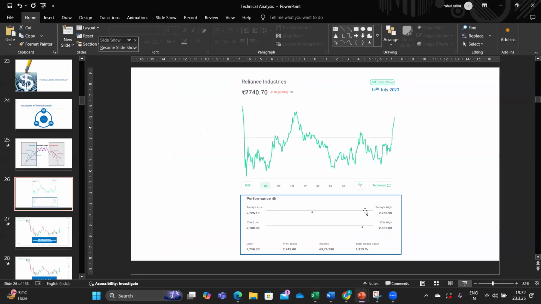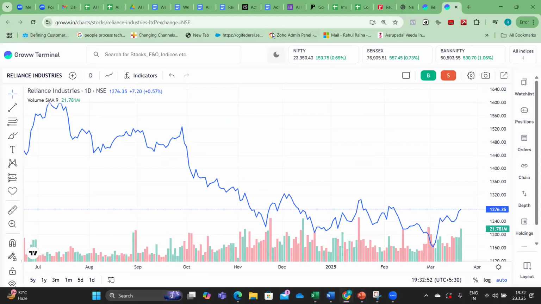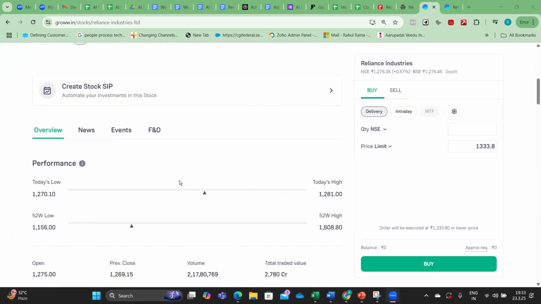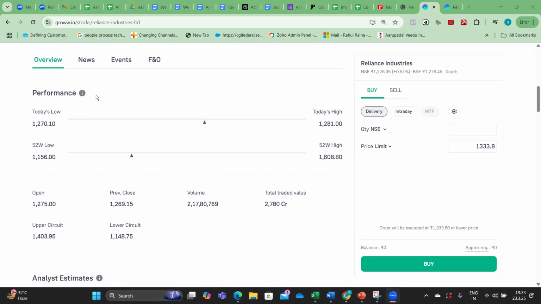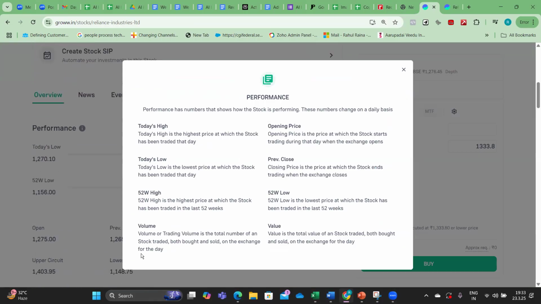So even if you go to Groww or whatever platform you are using, if you see Reliance, if you just go down, the same details are available here. Click on this volume. Volume or trading volume is the total number of stocks traded, both bought and sold, on the exchange on that particular day. Value is the total value of the stock which got traded on that particular day.